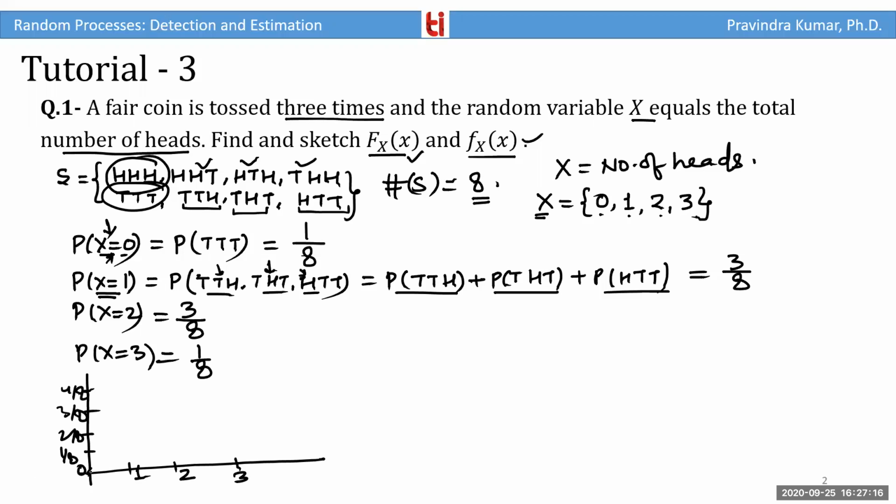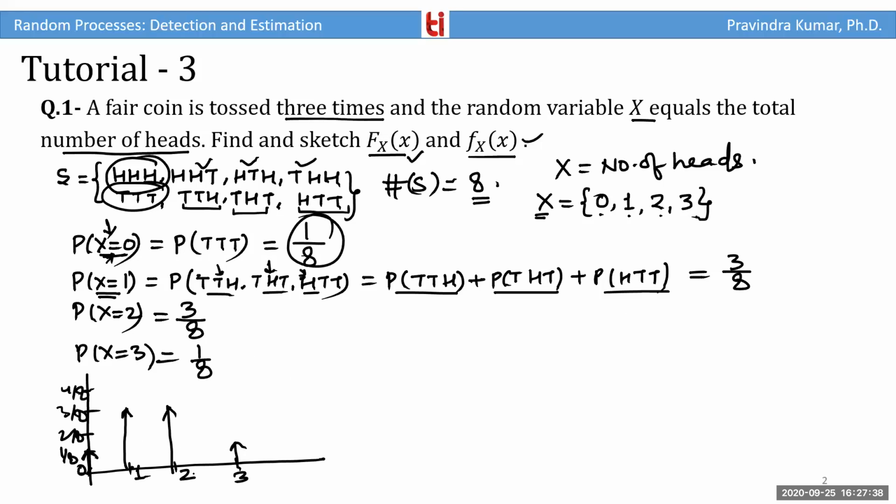So at x equal to 0, the probability is 1 by 8. So when x is 0, there is one impulse of probability at this point. And at 1, the probability is 3 by 8. At 2, it is also 3 by 8. And at 3, it is 1 by 8.